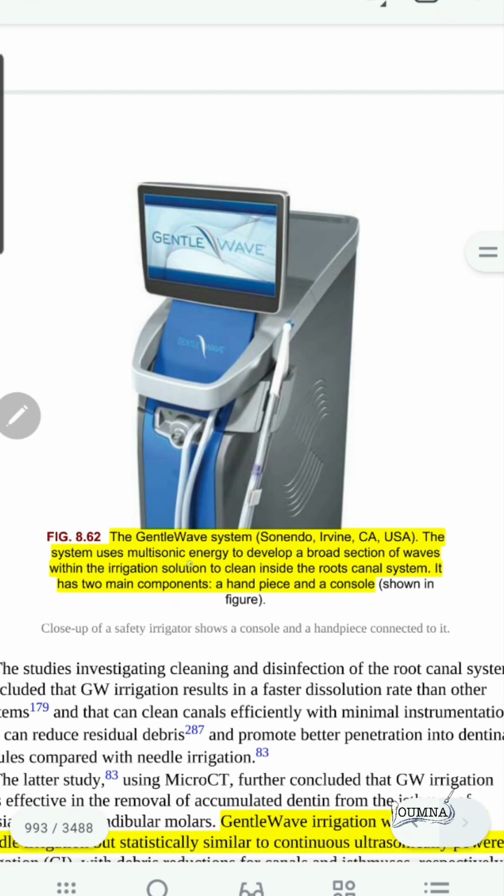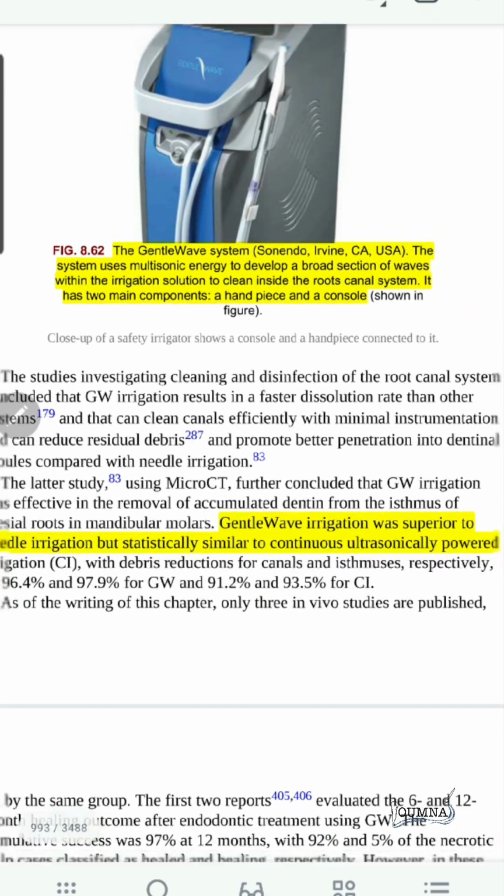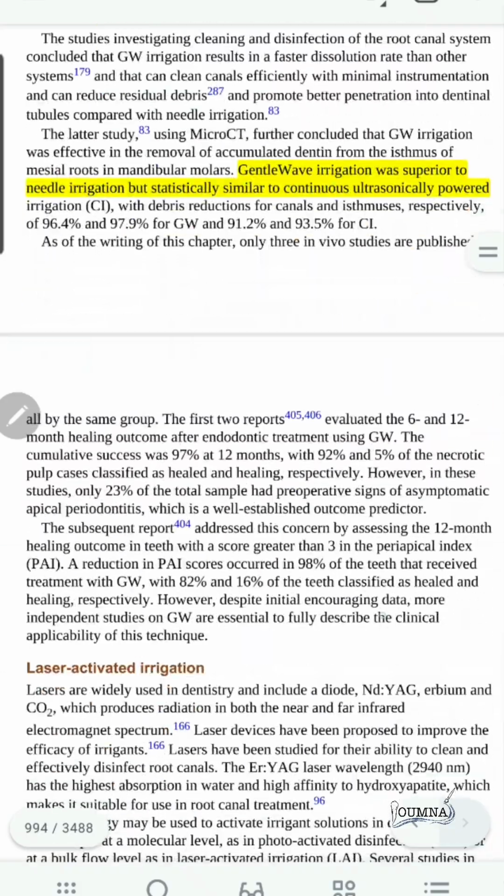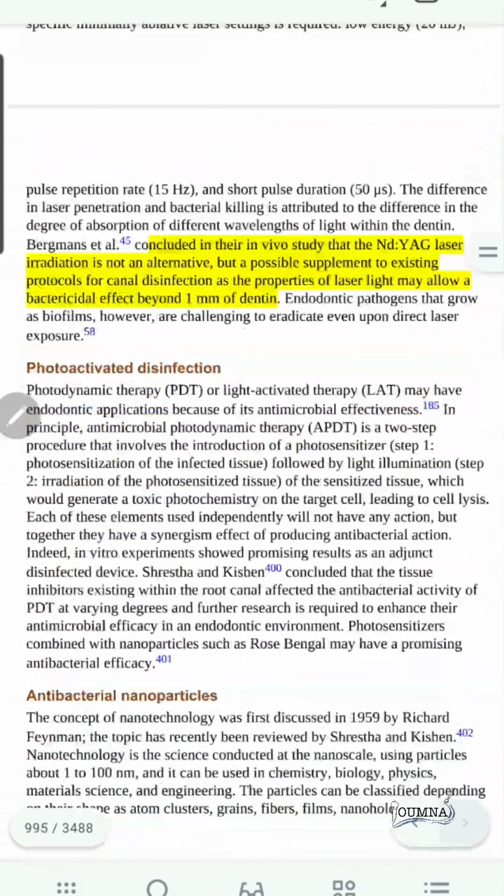It uses multisonic energy to develop a broad spectrum of waves within the irrigation solution to clean inside the root canal system. It has two main components, a handpiece and a console. The GentleWave irrigation was superior to needle irrigation, but statistically similar to continuous ultrasonically powered irrigation.